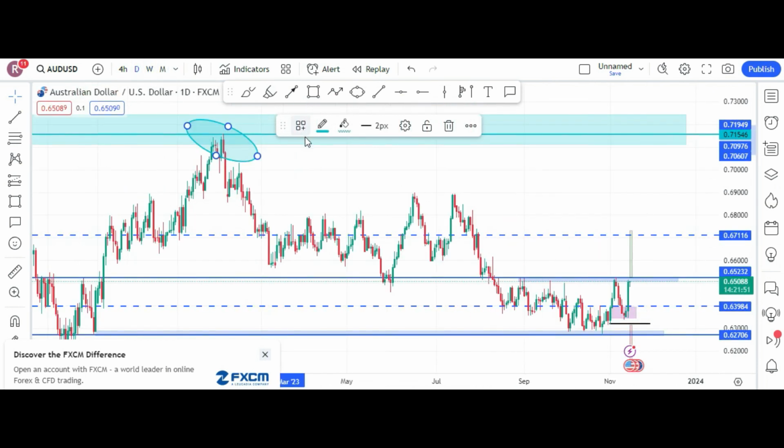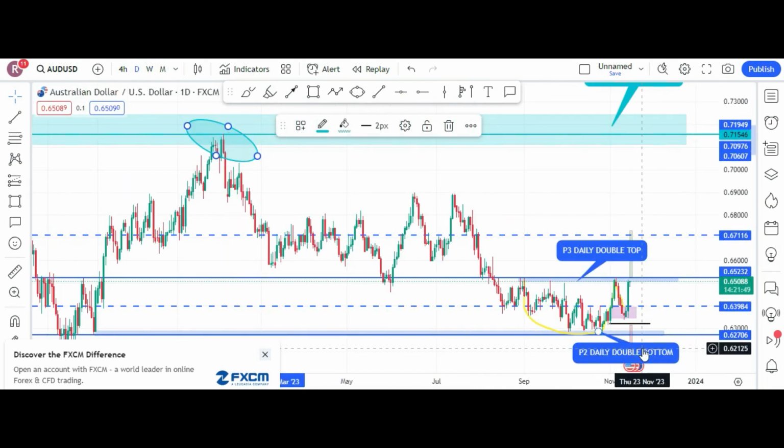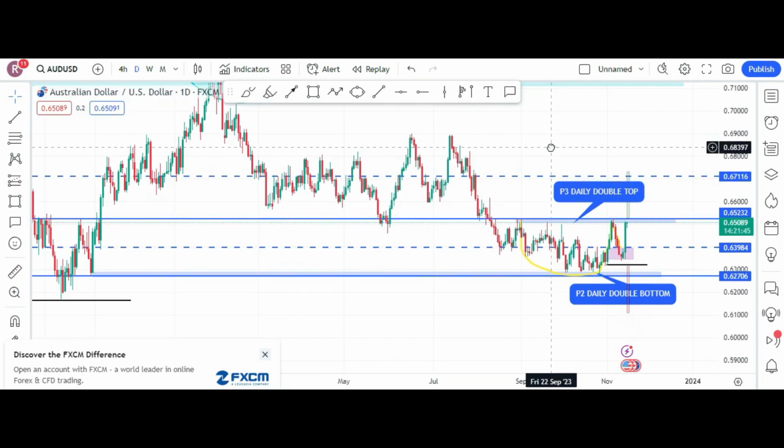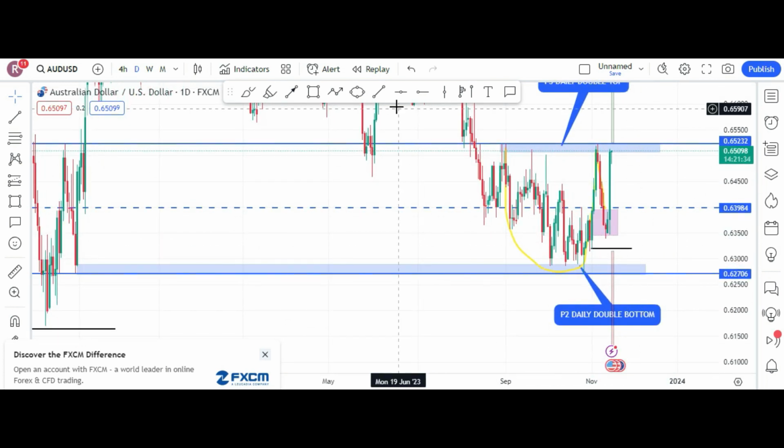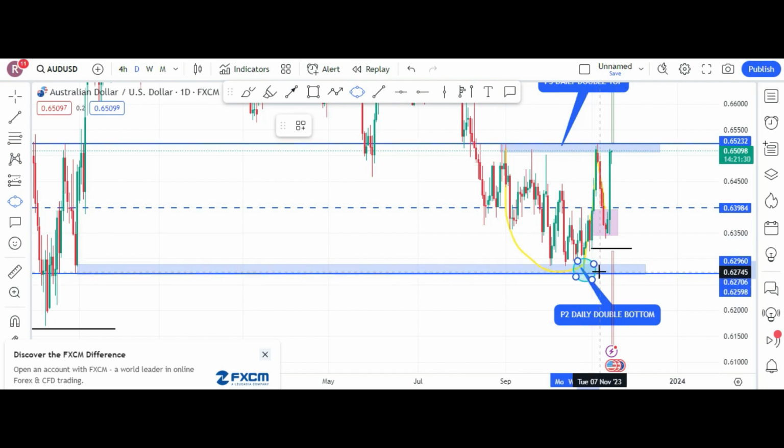So this top is responsible for this bottom, and we found a double bottom. That is our pattern 2. If we mark this bottom clearly, you can see this guy is responsible for the current top.